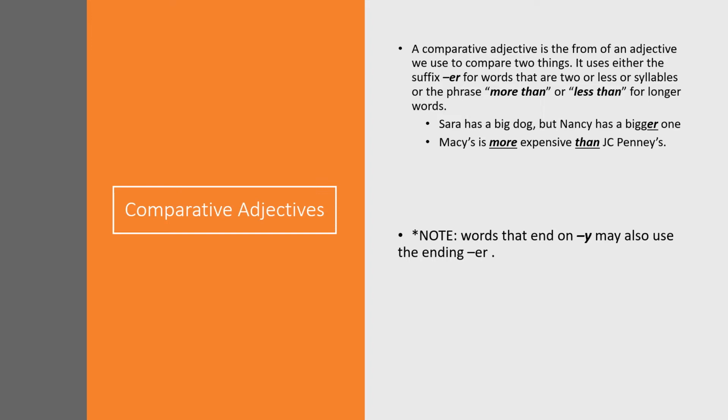Now, in the second example, it says, Macy's is more expensive than J.C. Penney's. Here, the use of more is correct. So we have expensive, a lot of money, but there is a place where you spend even more money, right? Using the same theme, Macy's is more expensive than J.C. Penney.